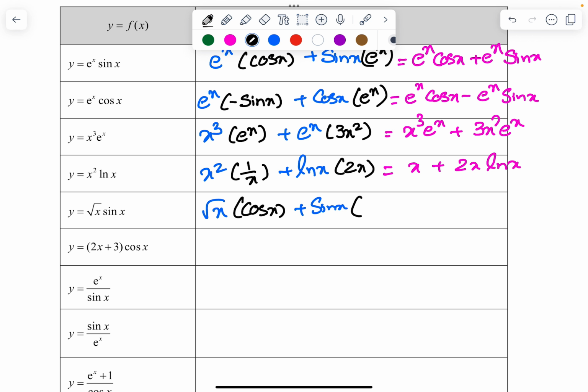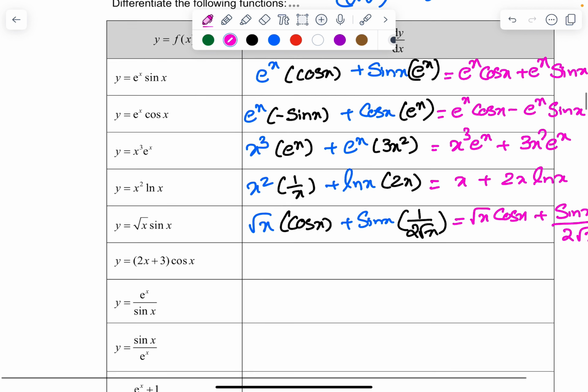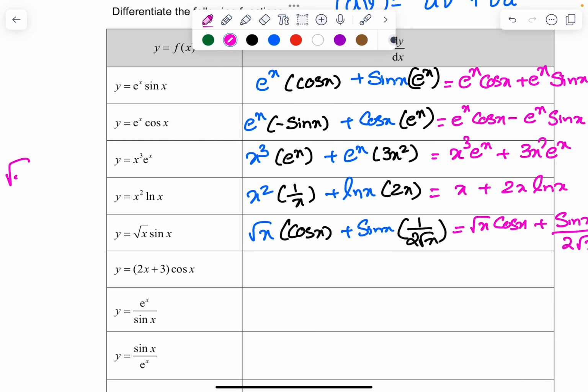Remember, square root of x derivative is 1 upon 2 root x. You need to memorize that as an easy formula which will make your life easier. So it is sin x upon 2 root x. Remember over here, root x derivative is 1 upon 2 root x. The easiest formula to memorize.